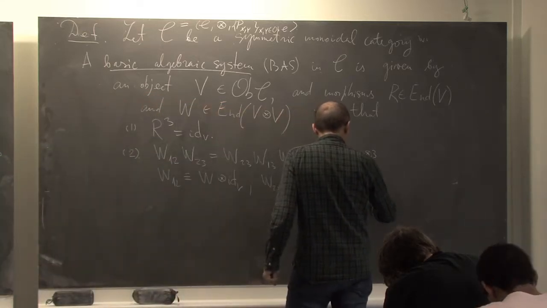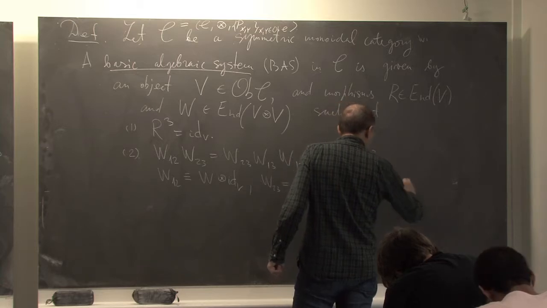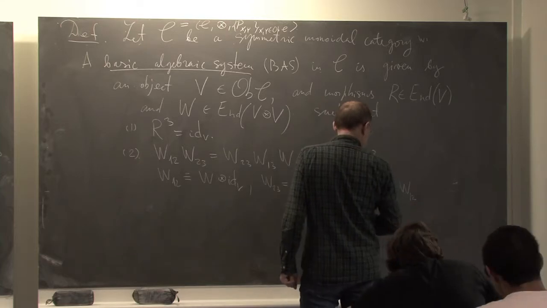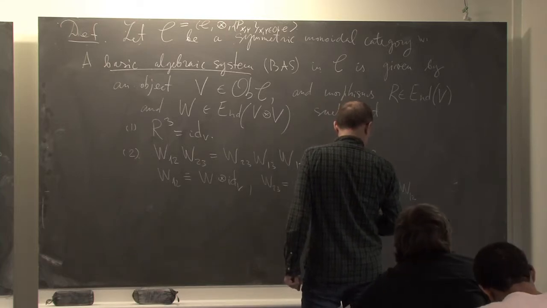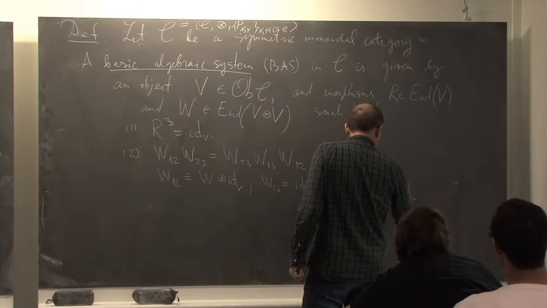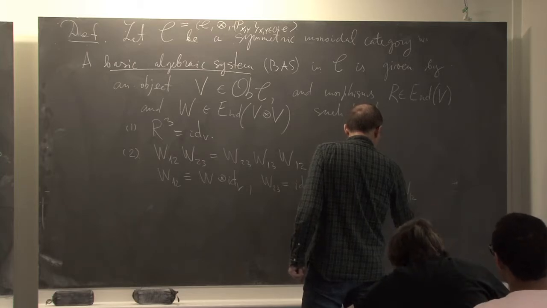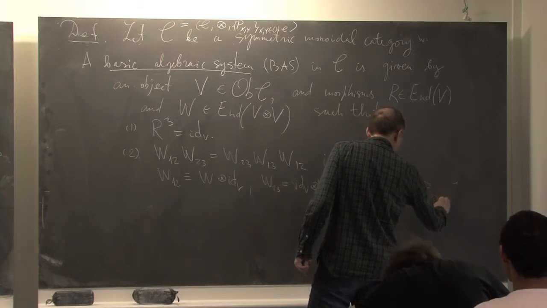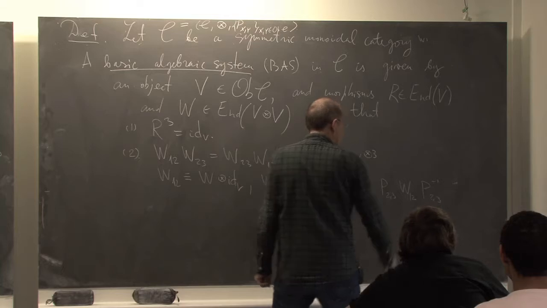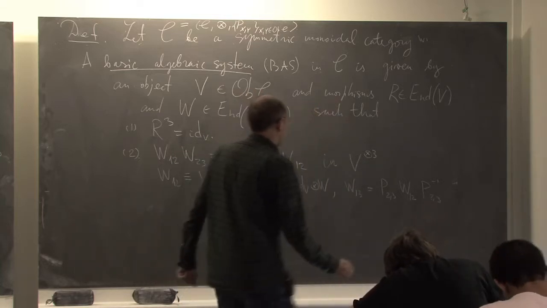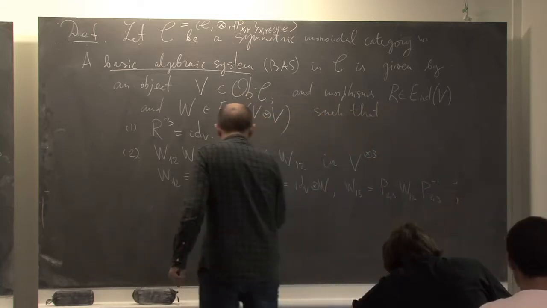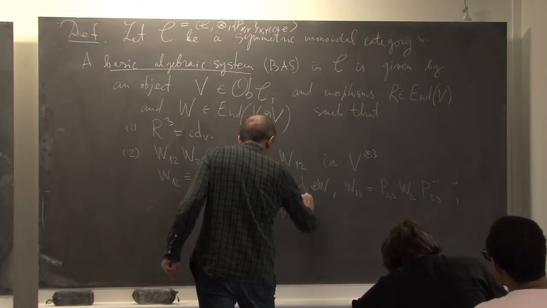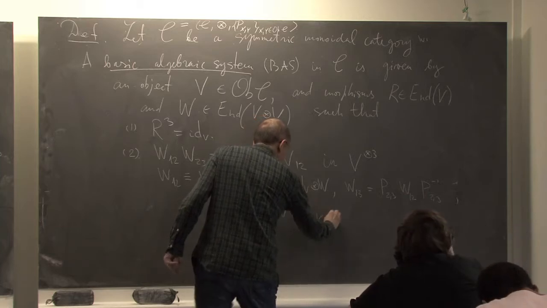W13 is W12 conjugated with P23. And P23 is the identity in V tensor P_V,V.